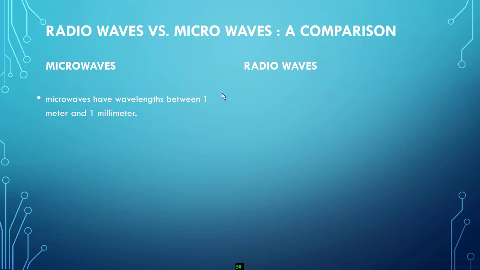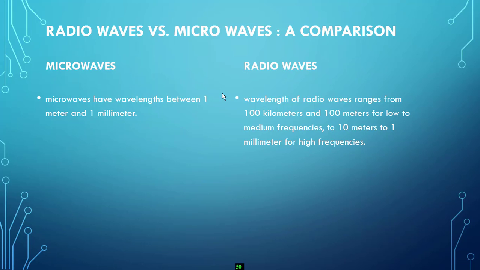Microwaves have a wavelength between 1 meter and 1 millimeter. In radio waves, wavelength ranges from 100 kilometers to 100 meters for low to medium frequency, and 10 meters to 1 millimeter for high frequency. Microwaves have shorter wavelength. Radio waves have a longer wavelength.